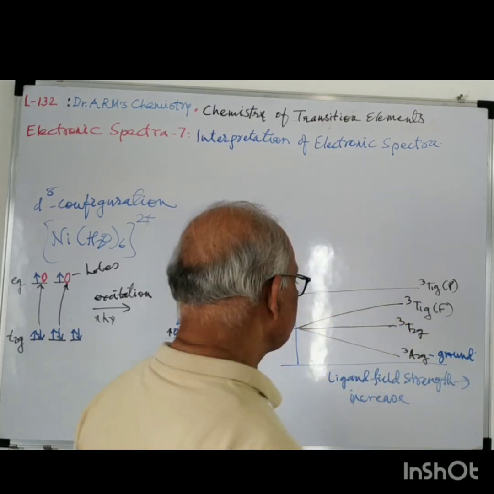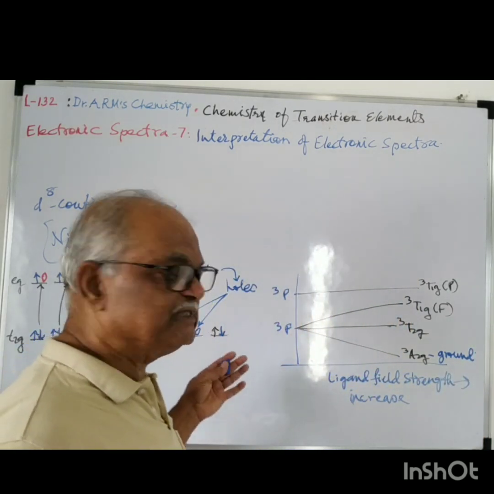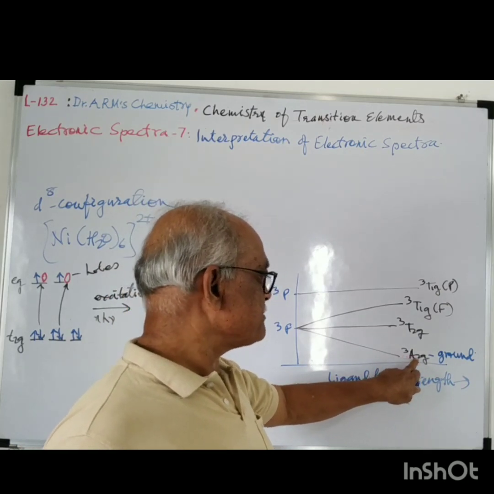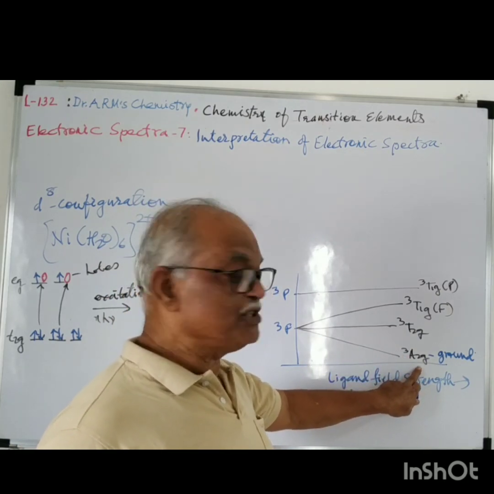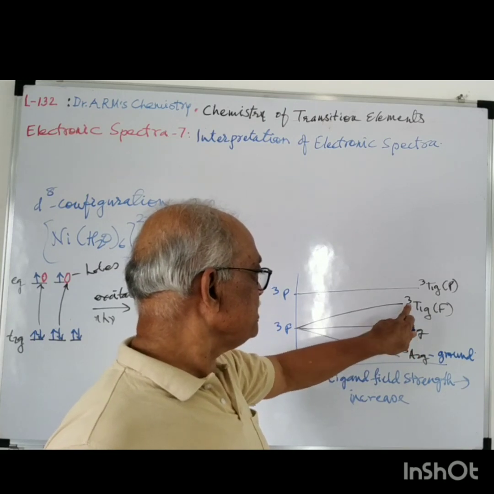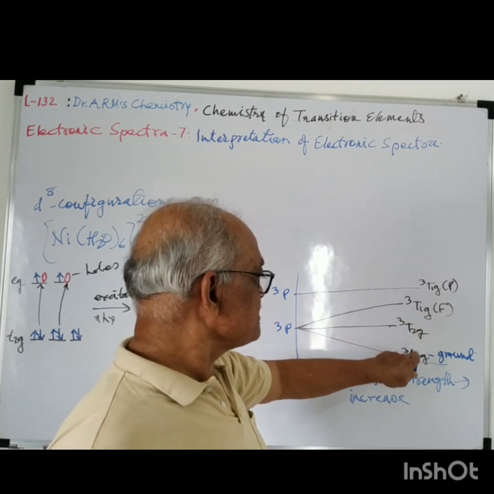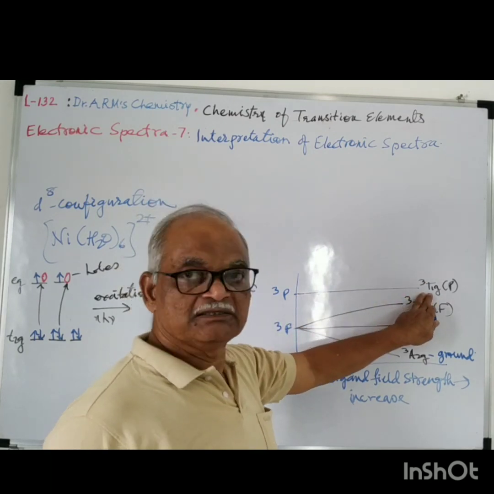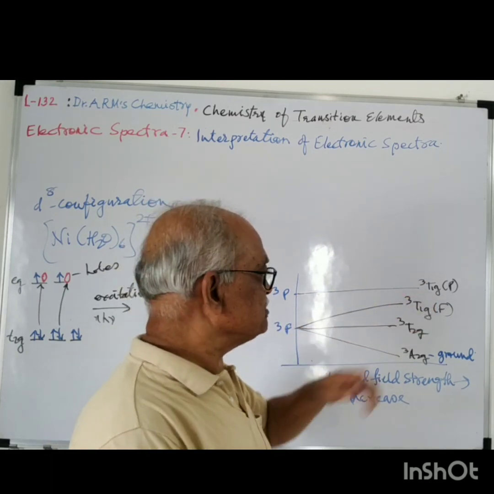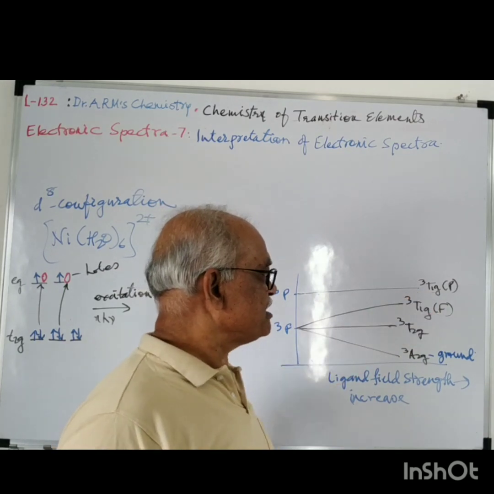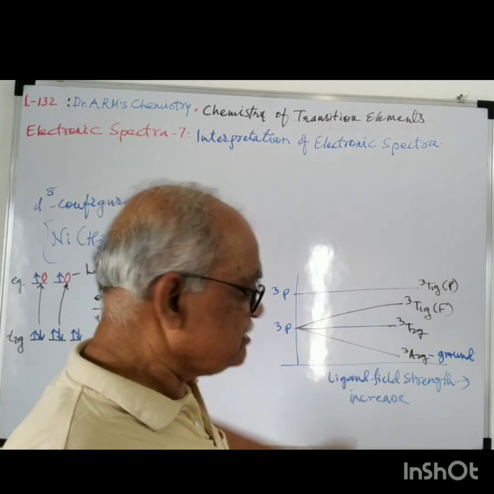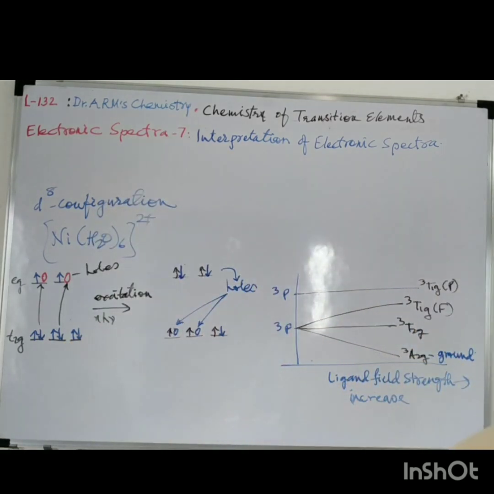So in the previous diagram, in case of vanadium, the ground state was here at triplet T1G of F, and the excited state, that is A2G, is much higher than this 3P, which is transformed into this triplet T1G of P. So here the excitation is not much stronger.